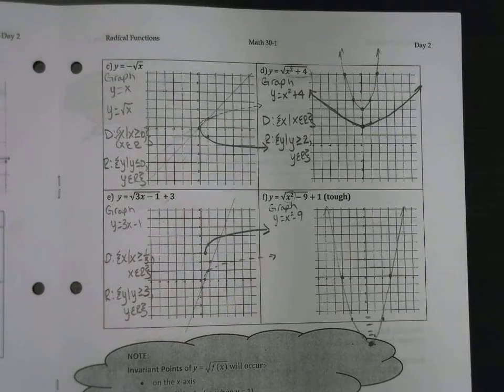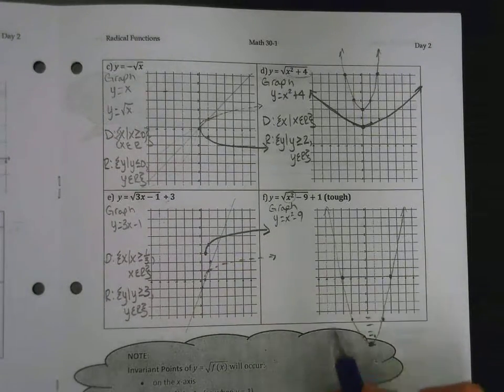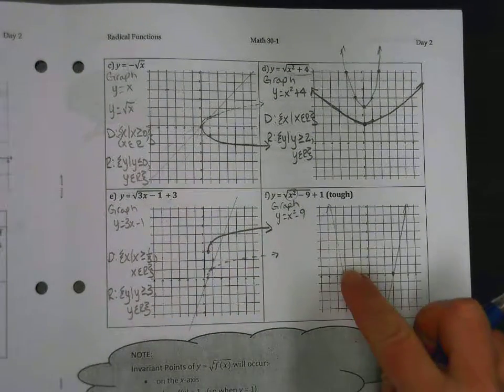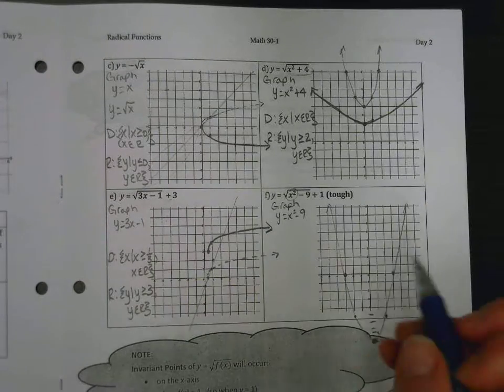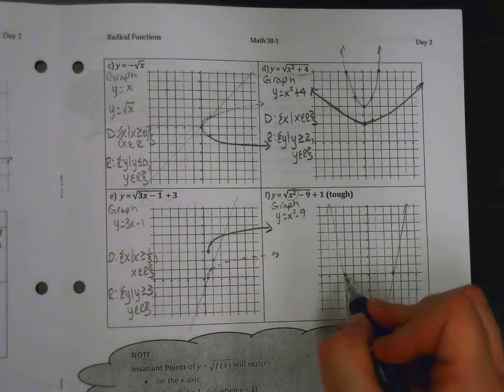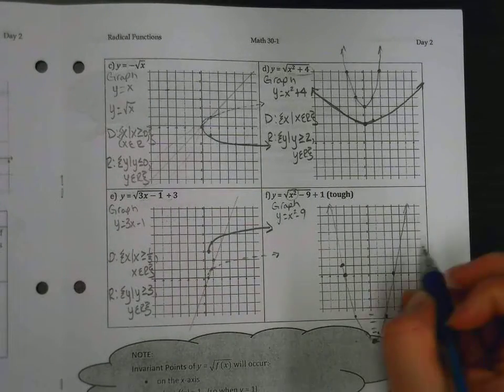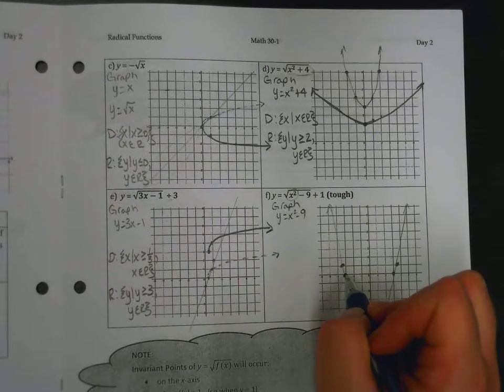All right, so now I want to take the square root of this. So how do I take the square root of this? Anything that is below the x-axis no longer exists on my graph. So technically I'm just taking the square root of this branch and this branch. I'm going to identify my invariant points, which would be at my x-intercepts and when y equals 1. Anything that is between 0 and 1, my curve is going to go above that line.